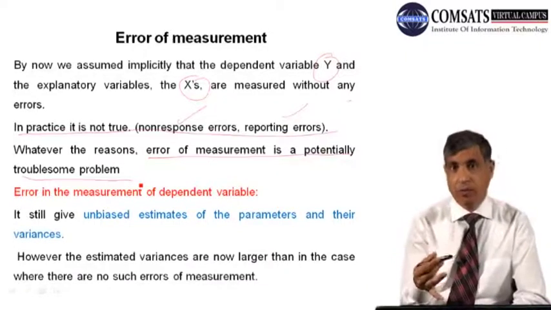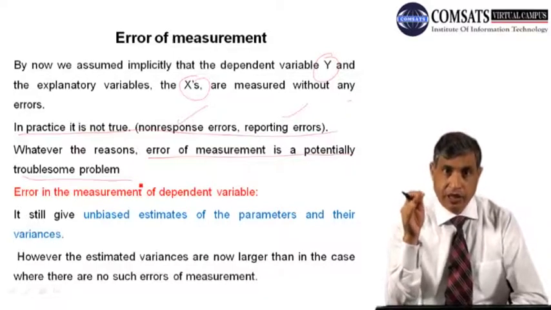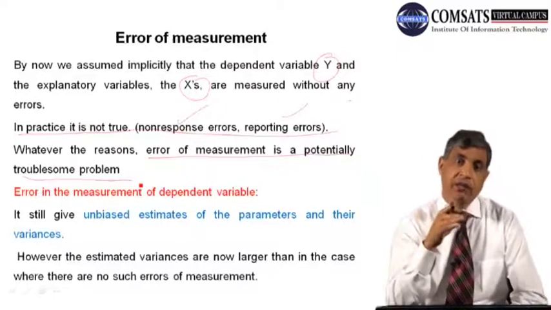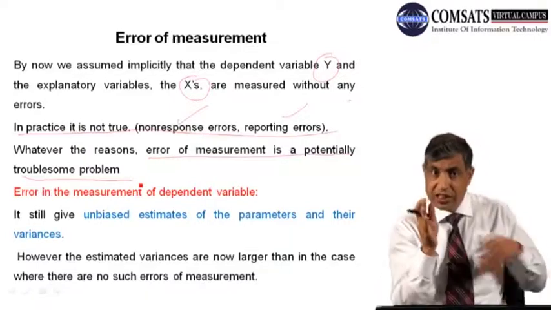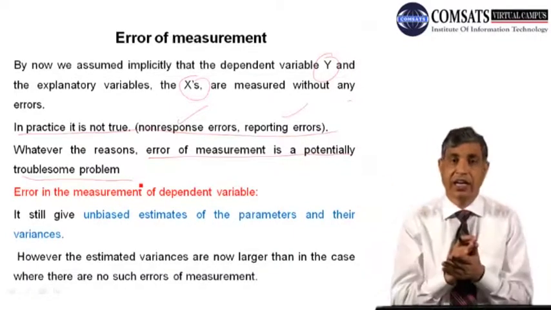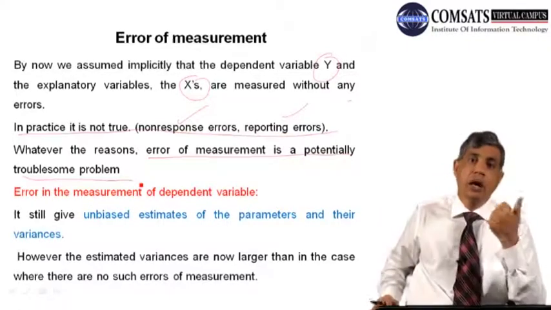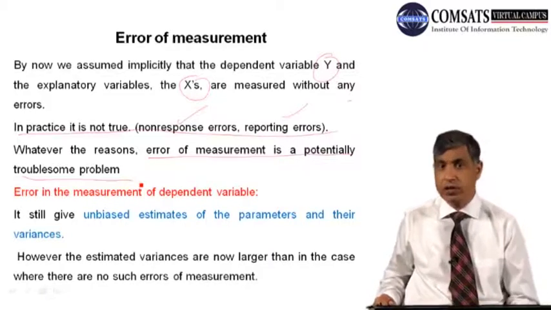Now we will talk separately about when there is a measurement error in the dependent variable, and when there is a measurement error in the independent variable. You can divide this discussion as overfitting and underfitting. In some cases there are very small consequences, and in some cases very huge consequences.